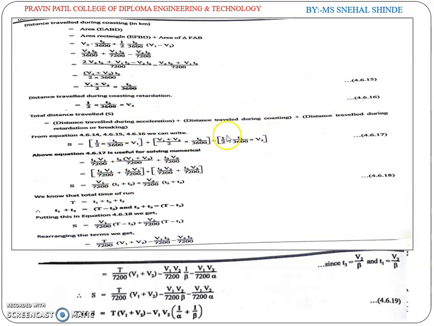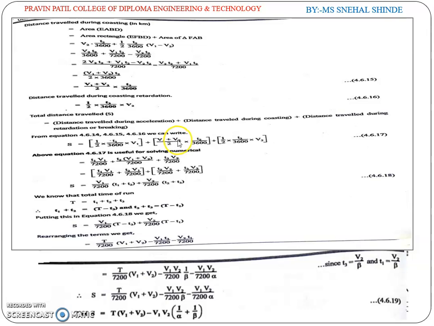So like this we put the values in the equation of S. This equation is useful for solving numericals. Similarly, we will now make it as one equation. We multiply T1 into V1 by 2 into 3600, so we get T1 into V1 divided by 7200.